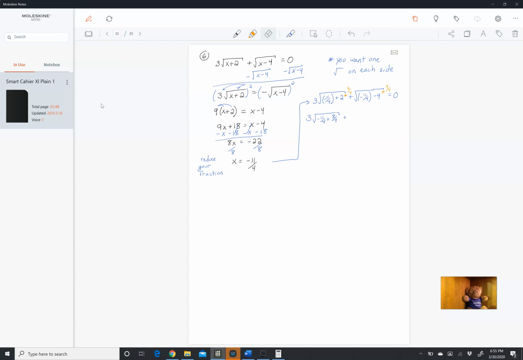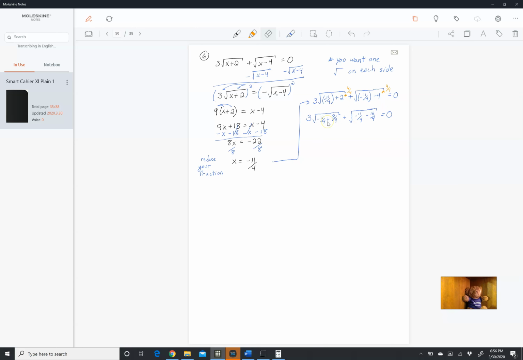And then under here, we have negative 11 over 4 minus 16 over 4. And you can see 8 over 4 is 2. 16 over 4 is 4. Okay? So that should be the case. That's what you should be seeing.